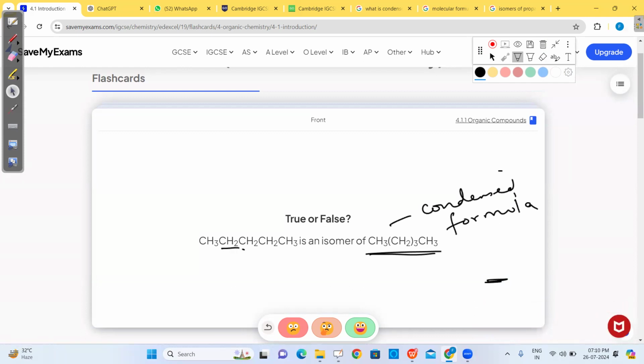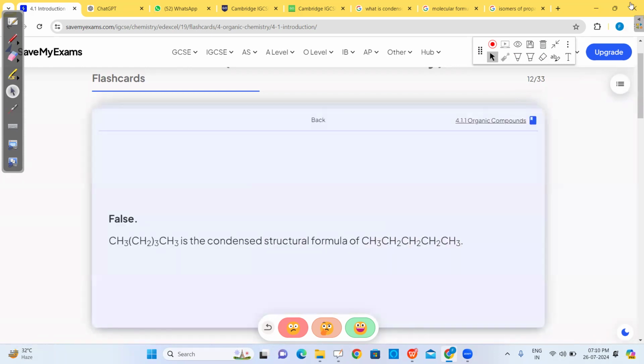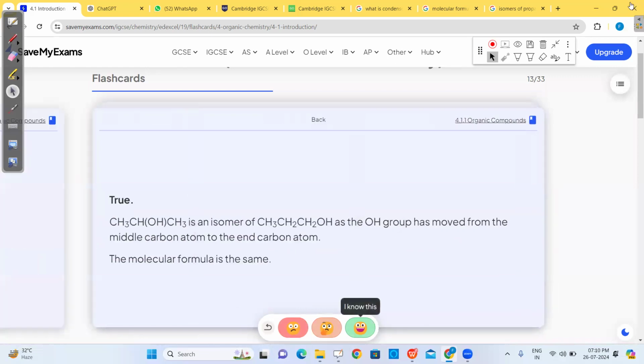You see the CH2, CH2, and CH2. You have three CH2s, so it is condensed, CH2 thrice. Okay, so this is not an isomer. Instead, it is a condensed structural formula. Okay, let's go on to the next.